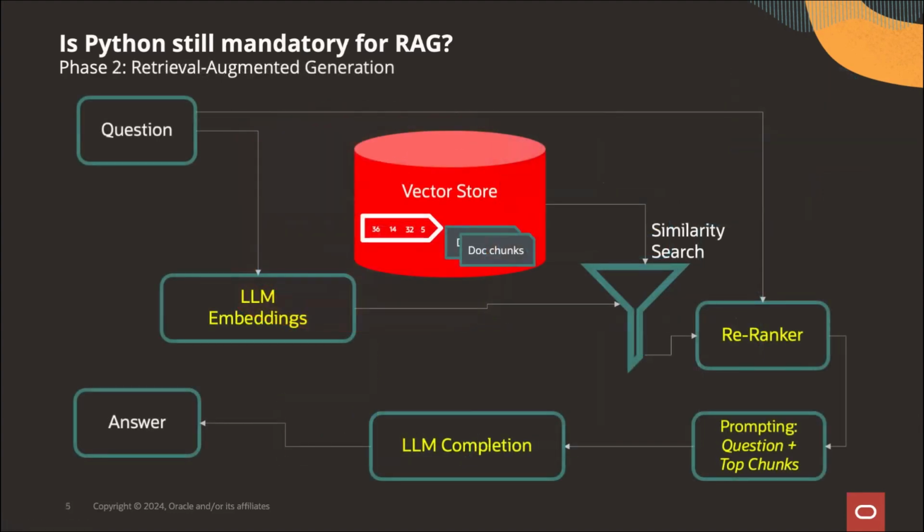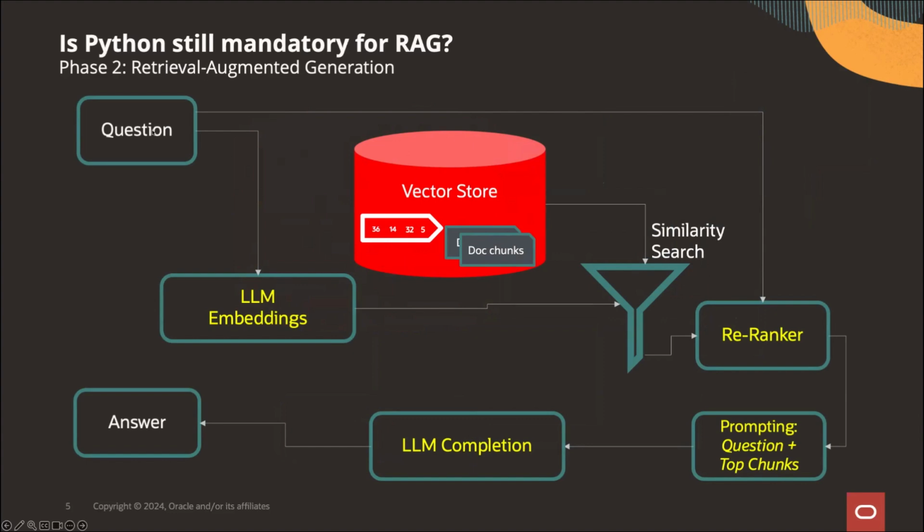In the retrieval augmented generation phase, in the answering question, normally your question will go through the LLM embeddings to get the same kind of vector that has been stored into the vector store. And through a similarity search, you will find the nearest doc chunks in the vector store.